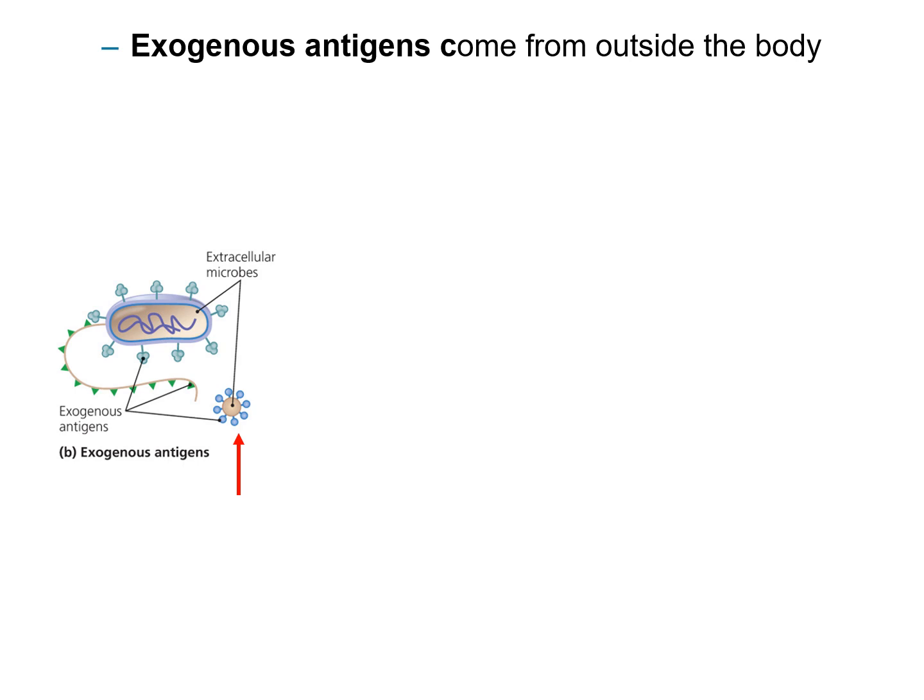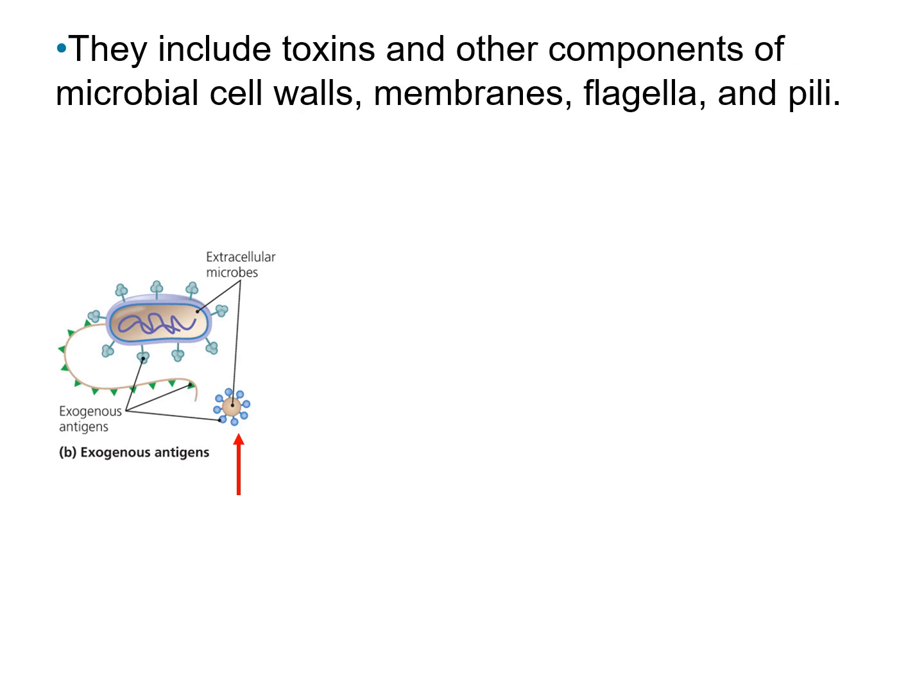The virus is a little small circle that has the landing gear, and I'm pointing to the landing gear. So all of that is foreign to our body, and it came from outside. It is the exogenous antigen. Exogenous antigens include toxins and other components of microbial cell wall, cell membranes, flagella, and even the sex pili.